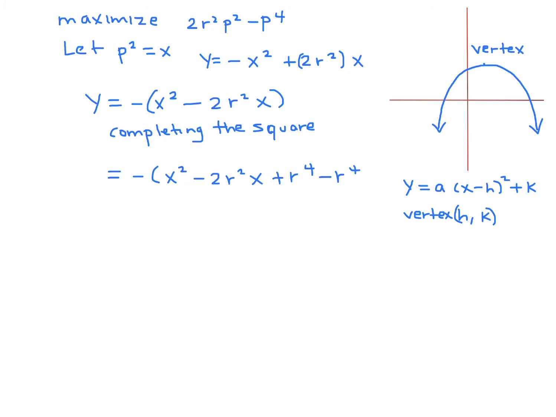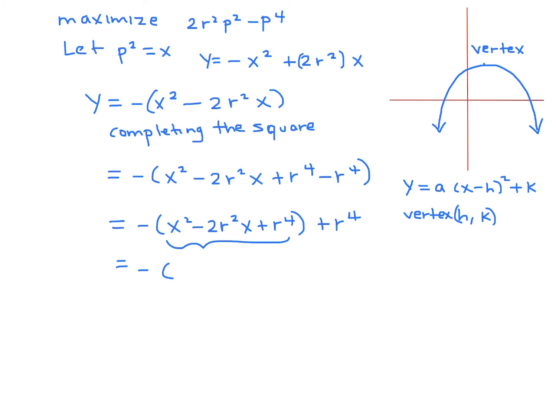And then, of course, I've got to subtract it. That's what it means by completing the square. And then you just leave in the brackets the first 3 terms, and then you kick out the last one. This guy you kick out. But when you kick it out, remember, don't forget the negative there. So that's how you complete the square.